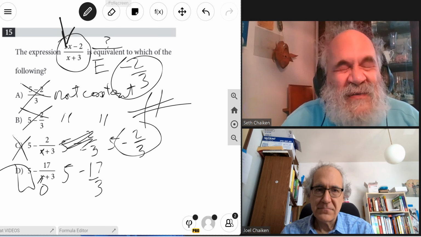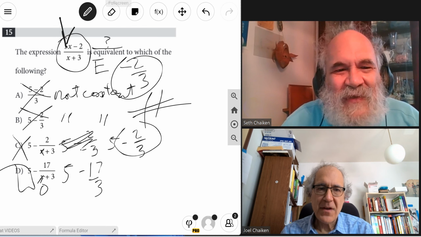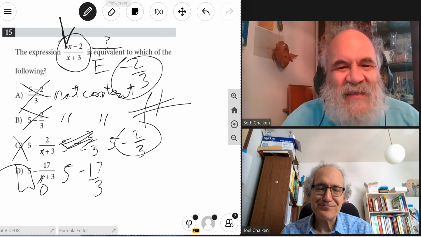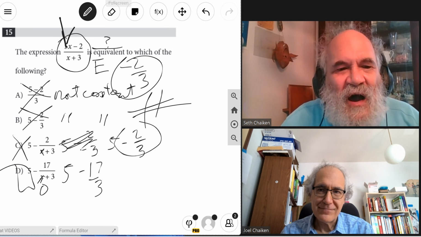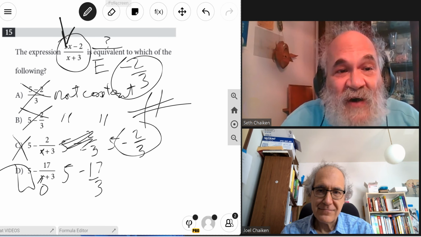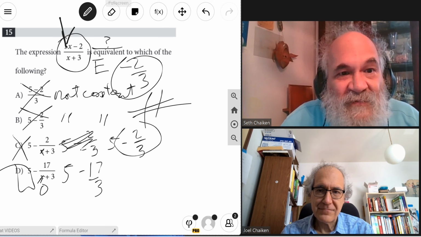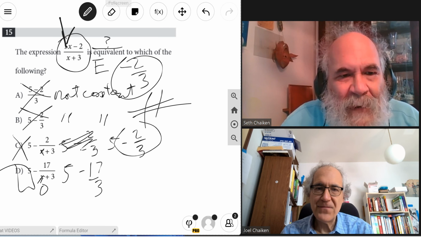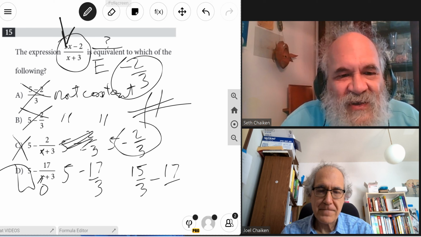Right, and I didn't even have to bother simplifying 5 minus 17/3. Almost. But let's check to see if it's 2/3. Well, 5 is 15 thirds. You subtract 17 thirds, and we get negative 2/3.